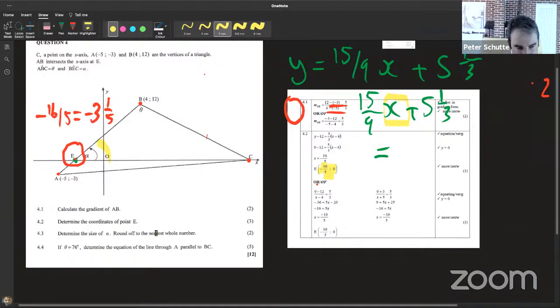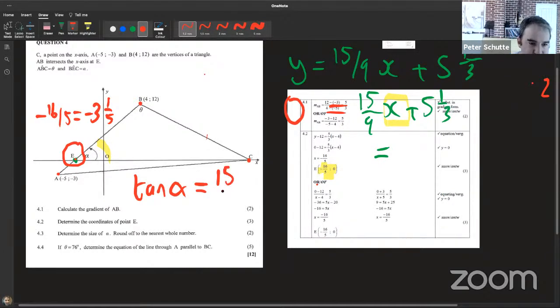If you're unsure of this, leave this question out and find the other routine and knowledge procedure questions. The knowledge you need is that tan of alpha is equal to the gradient of this line. We said the gradient was 15 over 9 or 5 over 3. If you connect that knowledge, you can work out alpha using trigonometry.